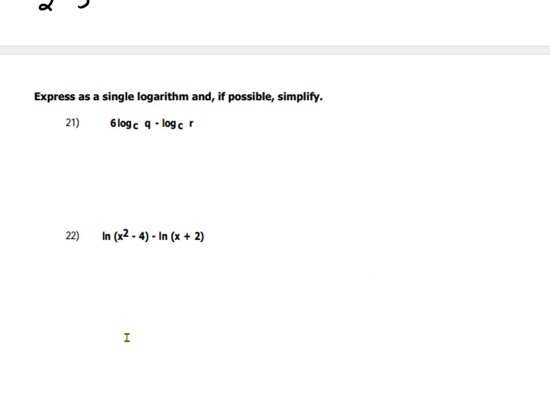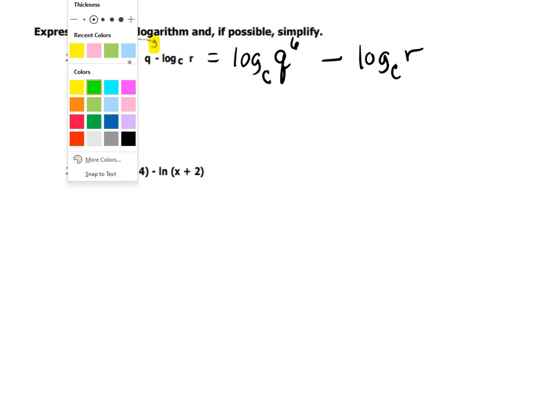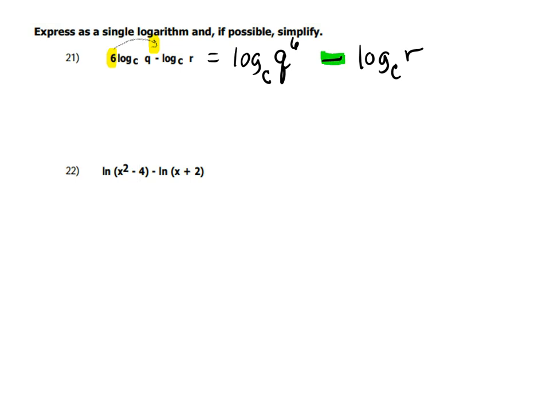Let's see. Express as a single logarithm and if possible simplify. All right, we're just going in reverse. If you have any coefficients on the logarithms, which I have right there, that's going to have to go back up to its exponent spot here. So the first thing I'm going to do is write this as log base C of Q raised to the 6th power minus log base C of R. And then, because there's subtraction going on here, when you condense it down to the single logarithm, which is log base C, it's going to be a division.